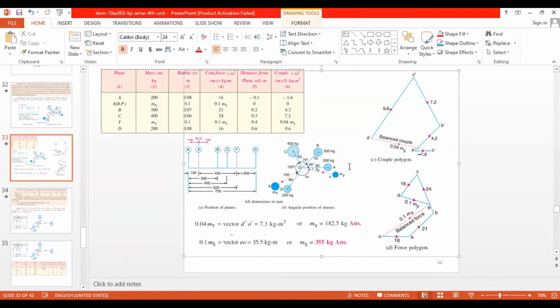So OA is not 0, it is O, OA. Since this OA is negative, from O to A I will not draw this way, but the other way. Actually OA is in this direction, so I should draw like this, but since that is minus, I will draw the other way, that is minus 1.6.